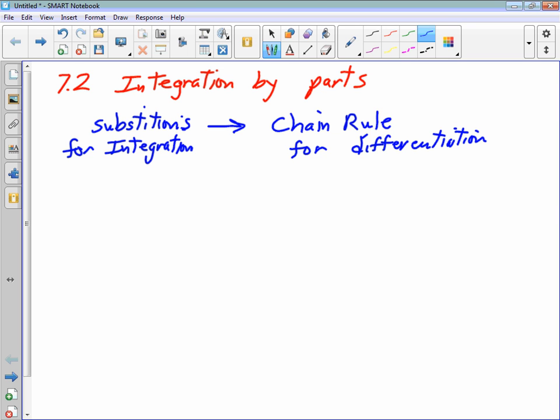Okay? Take the derivative using the chain rule. You'll wind up using substitution to integrate that.